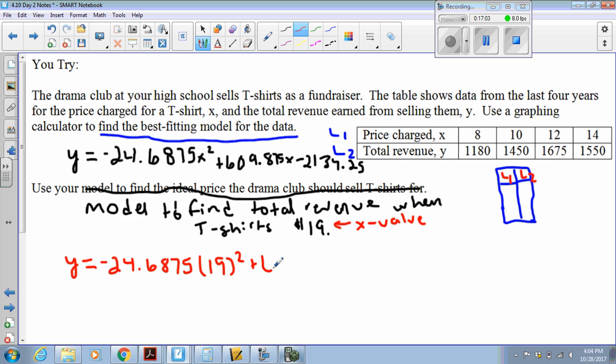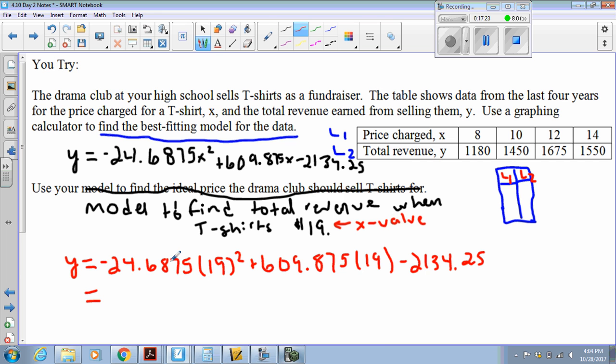Then plus 609.875 times 19. And then minus 2,134.25.